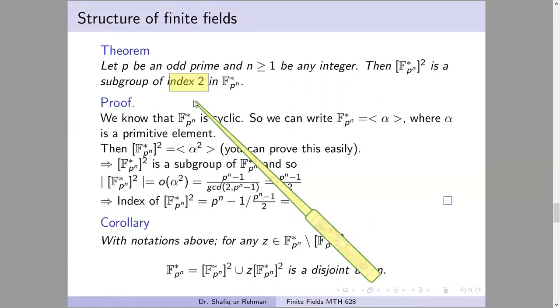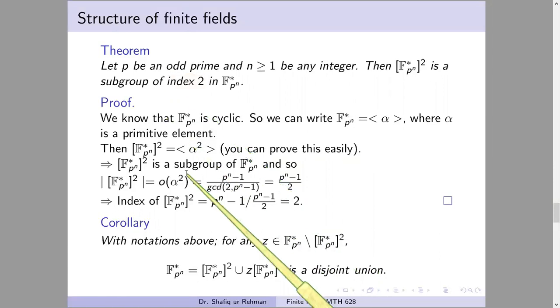All the group can be written as a disjoint union of two cosets. Index means the number of cosets of the group, and one coset is the subgroup itself, and the other coset will be the complement of that subgroup.